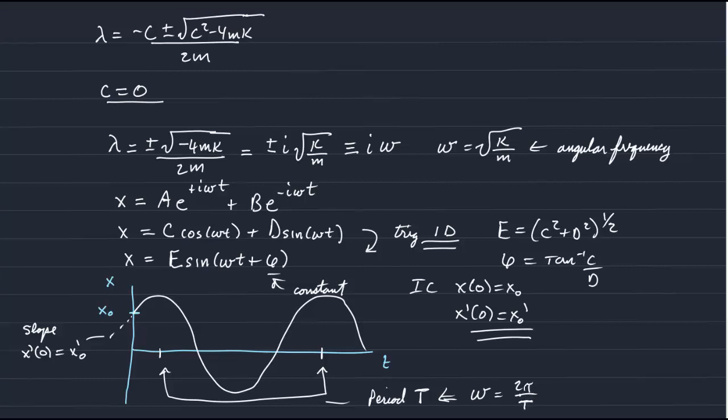So the angular frequency tells you that the oscillation spans a full circle, 2 pi radians in one period. So the angular frequency is radians per second. And you should note that the angular frequency increases the stiffer the spring is.